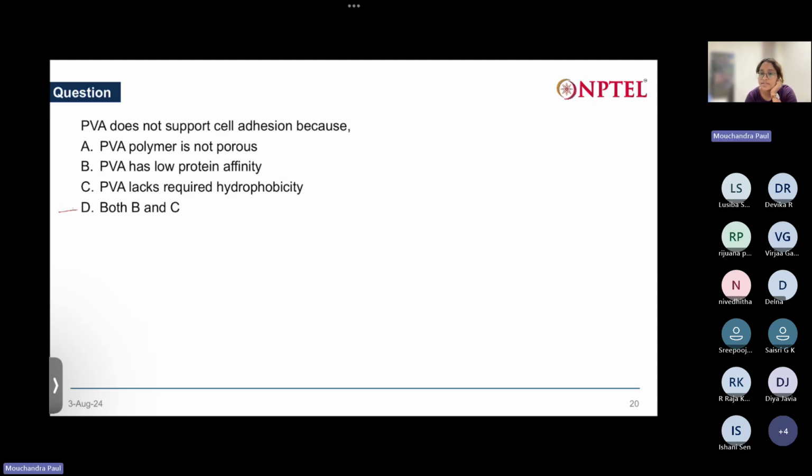Why will PVA not support cell adhesion? Which option seems correct to you for this particular question? Option C. Okay. Anyone else think otherwise? So we got C and D. What about A and B?